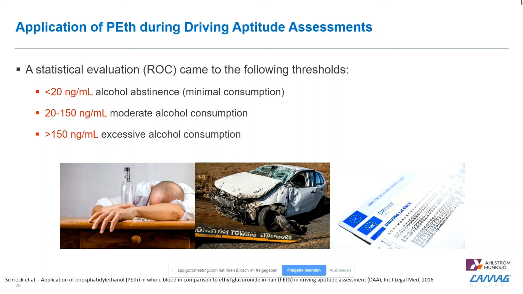A statistical evaluation based on ROC curve analysis came to the following thresholds: below 20 nanograms per milliliter of phosphatidylethanol, we can speak about alcohol abstinence or minimal consumption. Between 20 to 150 nanograms per milliliter, we have moderate alcohol consumption, and above that, we have generally excessive alcohol consumption being present.